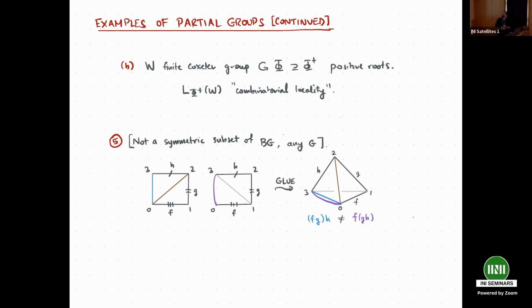The result has two different 0-3 edges. One of them corresponds to a composition which is defined, FG then H, and another one corresponds to the other way to associate F, G and H. Right? And it turns out that's finite. So we did take a colimit. That's fine. That's a partial groupoid. You can reduce it. That's still fine. That gives you a partial group. That's sort of a non-associative minimum.